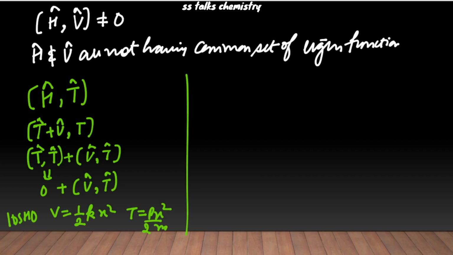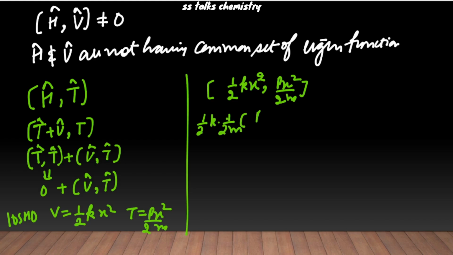So it will be the commutator of half kx square with px square upon 2m. It will come 1 by 2 into k into 1 upon 2m, the commutator of x square with px square. So it will become k upon 4m.